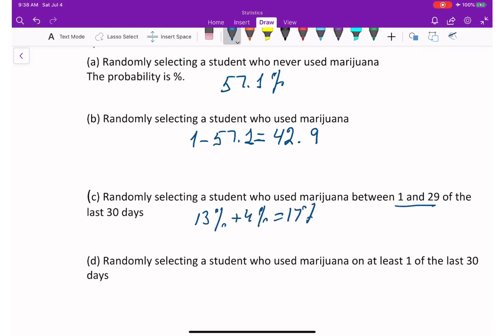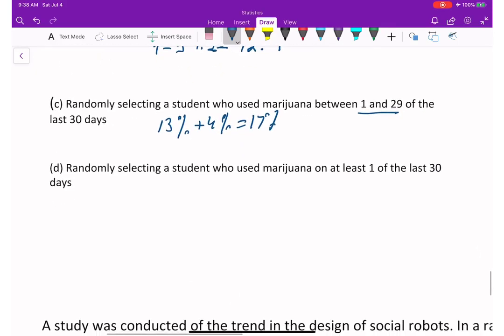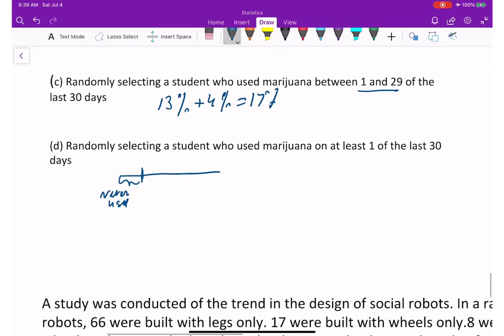Next, randomly selecting a student who used marijuana at least once of the last 30 days. At least once. Here we have never used, which is 57.1, and here we have at least once, or maybe more, or all the time. So what is it going to be?